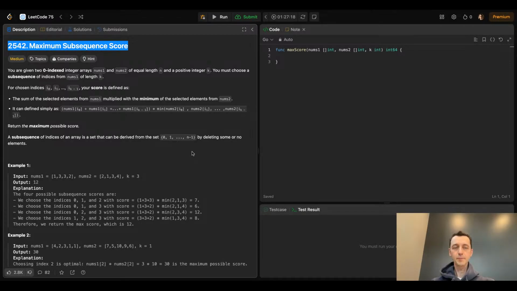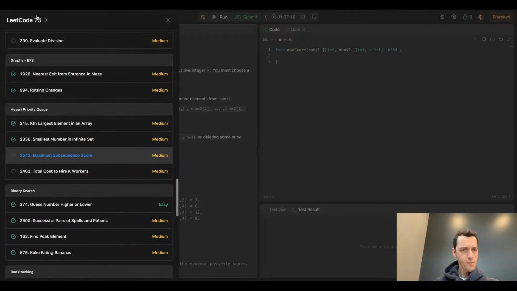Chill mode today. And the problem we picked is one of the problems. Let me share it, on the LeetCode 75 list, in the category of priority queue, right?